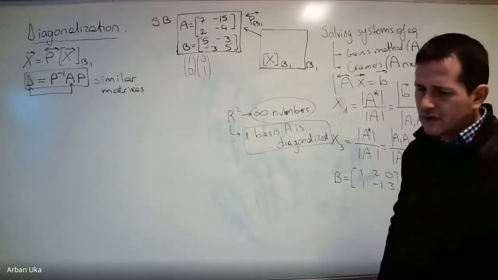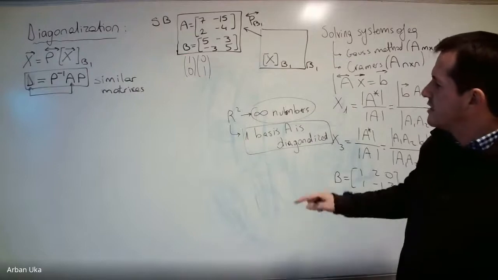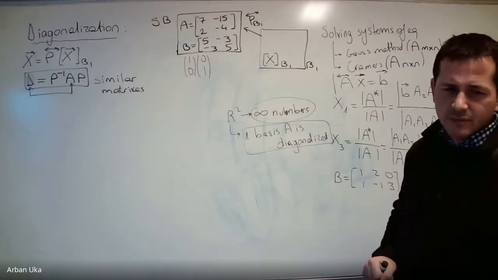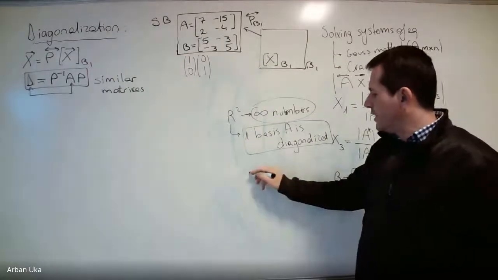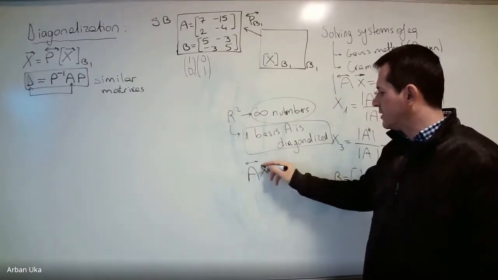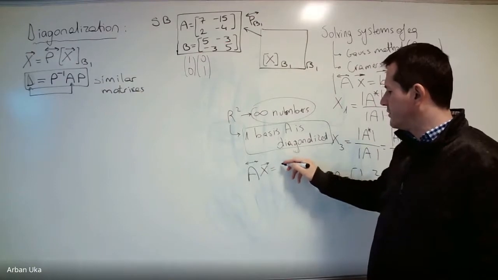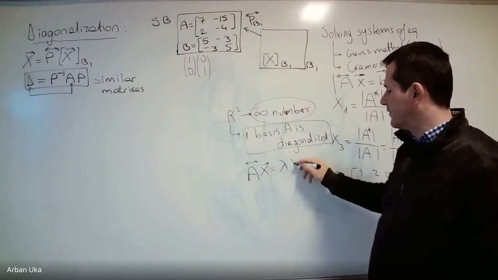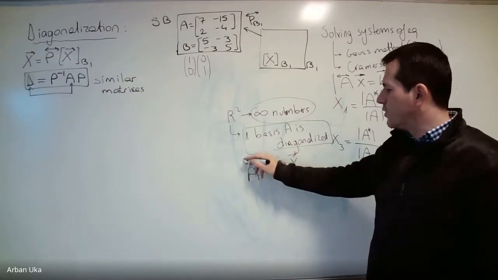In order to do this, the diagonalization of a matrix happens in the basis where the matrix A does not rotate the vectors x. Okay, so this is what we should go after.